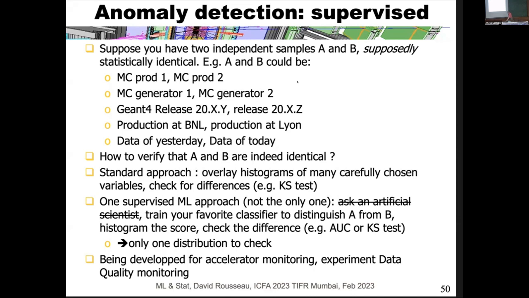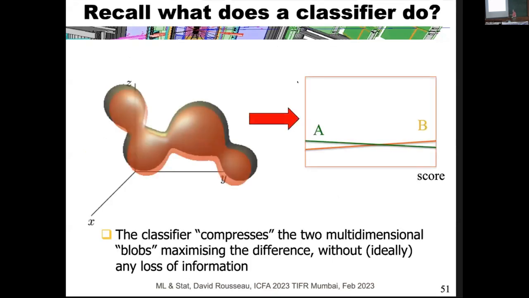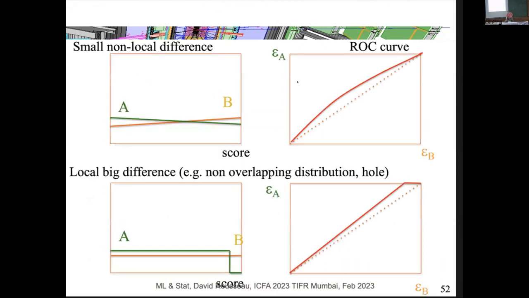I've shown this before, which is that a classifier really is compressing the information in n-dimensional space into just one dimension, which is the dimension of the score, without losing information. So there can be some distortion of the two shapes.